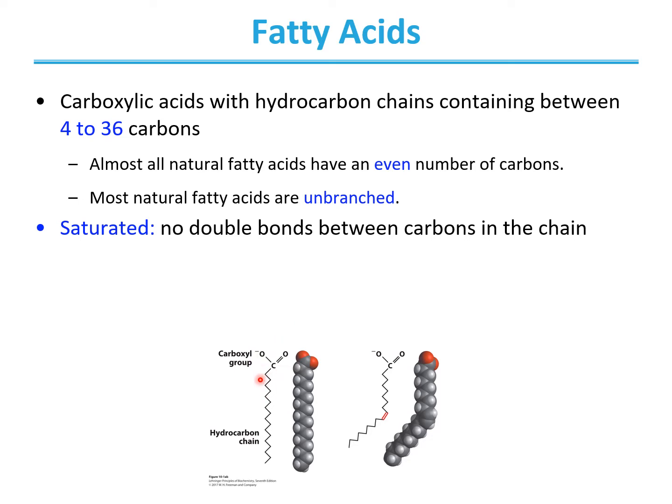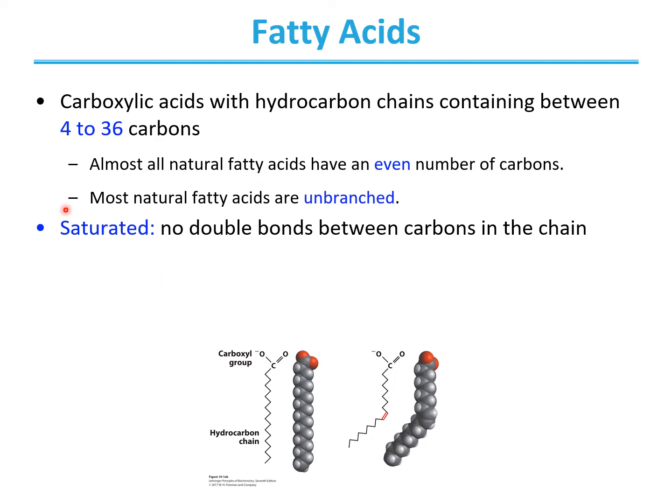And it consists also of a hydrocarbon chain made of carbons containing between 4 and 36 carbons. Now, almost all natural fatty acids have an even number of carbons, and this is because of how they are synthesized and how they are catabolized, which we'll go into in the next lectures. And most of them are unbranched as well.